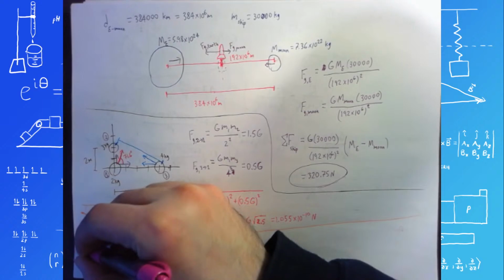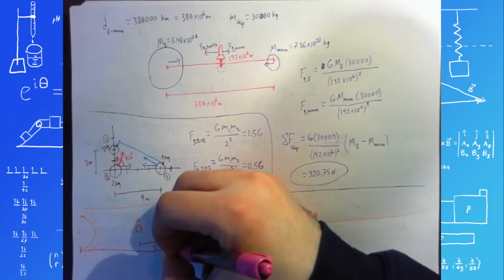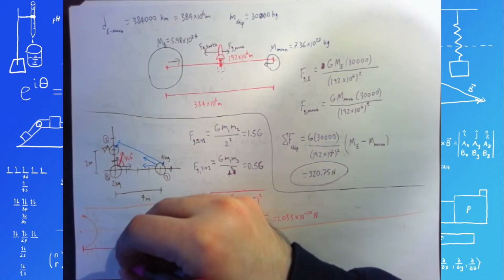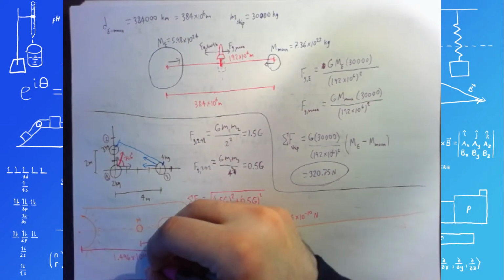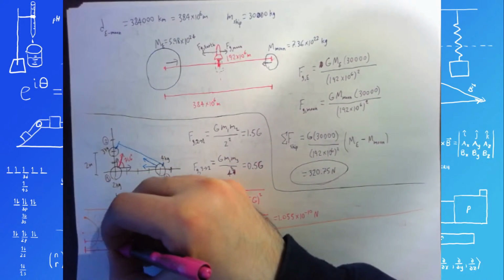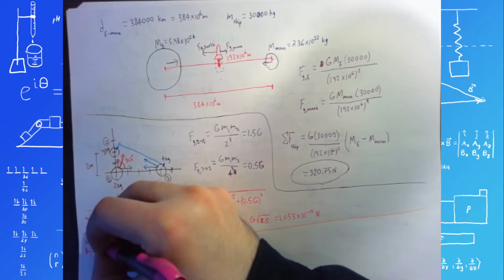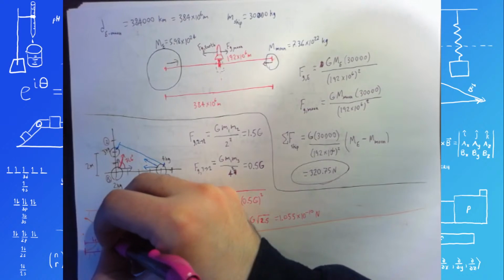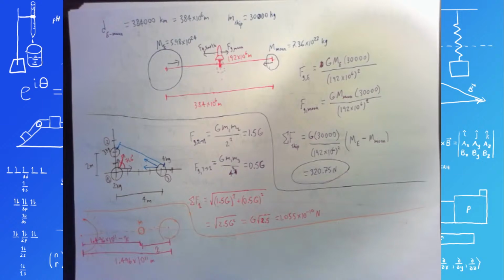So this full distance from the Sun to the Earth is 1.496 times 10 to the 11 meters, which then means that the distance from the Sun to our object would have to be 1.496 times 10 to the 11 minus x. And now we have everything we need to solve.